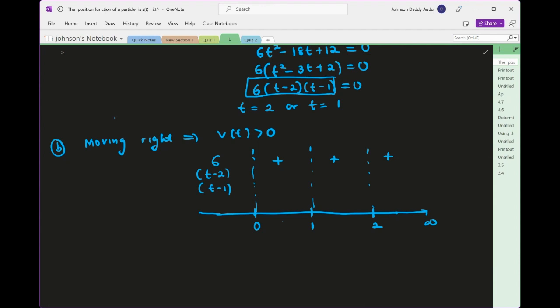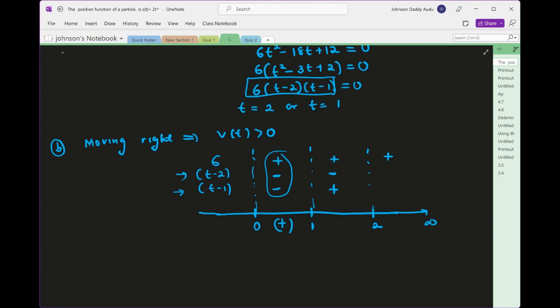Now, if you take 0.5, 0.5 minus 2 is a negative number. 0.5 minus 1 is also a negative number. So the result here, positive, negative, negative, will give you positive. Take a number between 1 and 2, we can take 1.5. 1.5 minus 2 is negative. 1.5 minus 1 is positive.